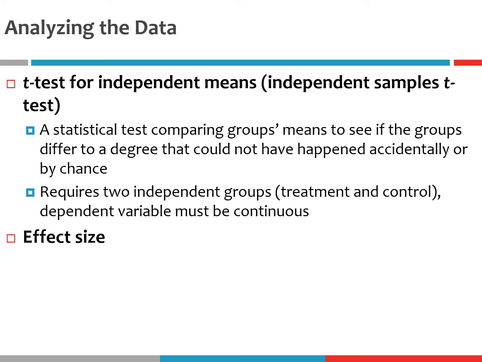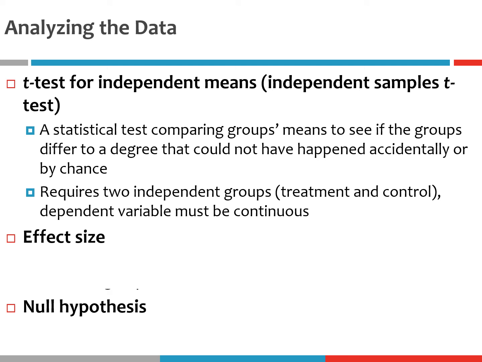We could also look at effect size. So what is the true magnitude of the independent variable? Does it have a big effect, a small effect, a medium effect? That's effect size, a statistical measure of the magnitude of the difference between groups.